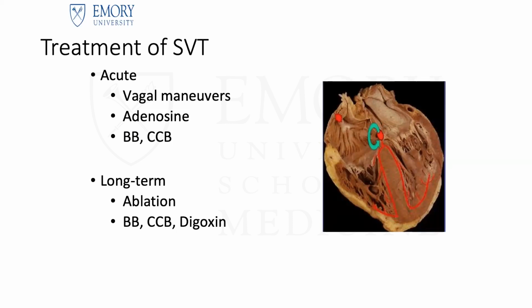It is found that adenosine works quicker. And oftentimes, if somebody's hypotensive, you don't drop the pressure like you might with beta blocker or calcium channel blocker. In the long run, ablation is recommended for AVRT and AVNRT. But if somebody prefers, you can do beta blocker, calcium channel blocker, digoxin, or some of the other antiarrhythmics.